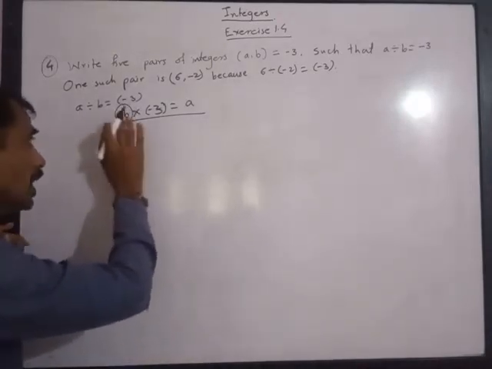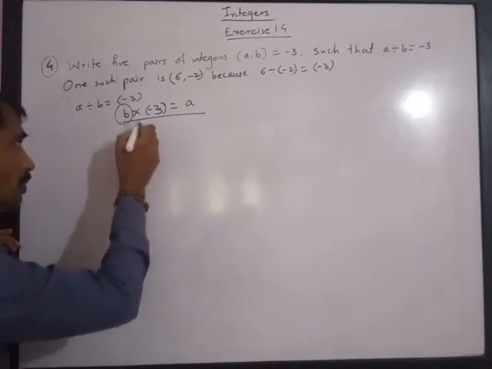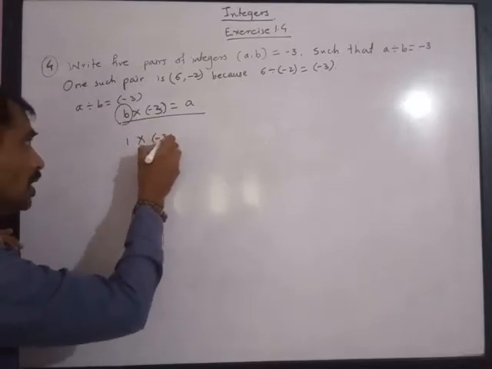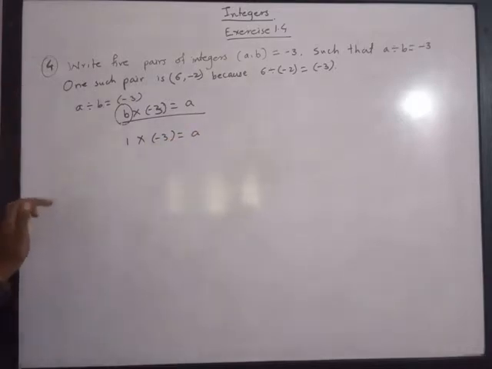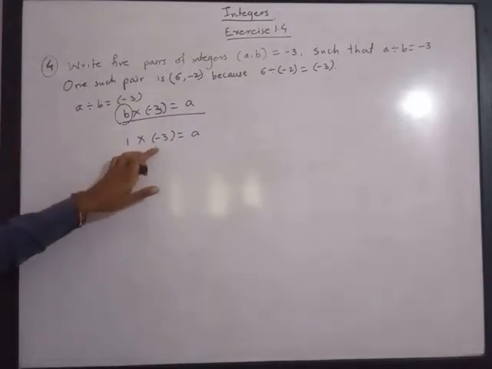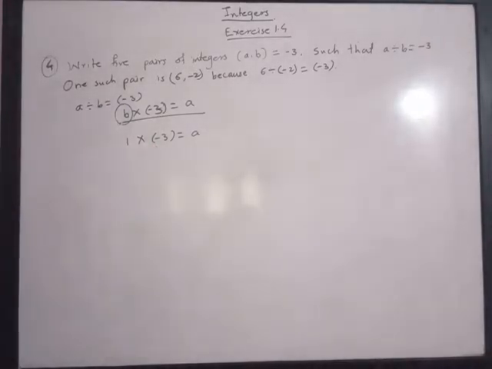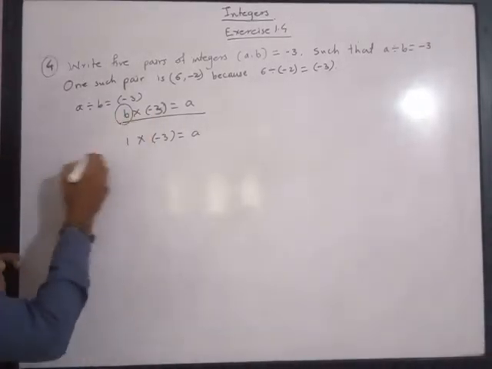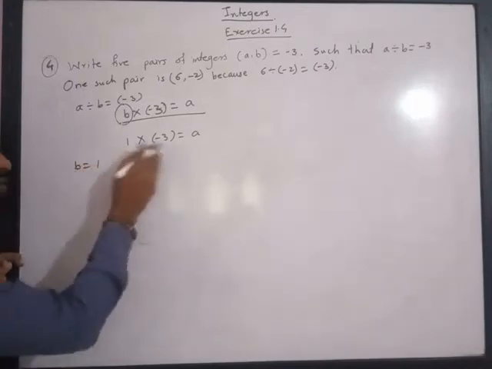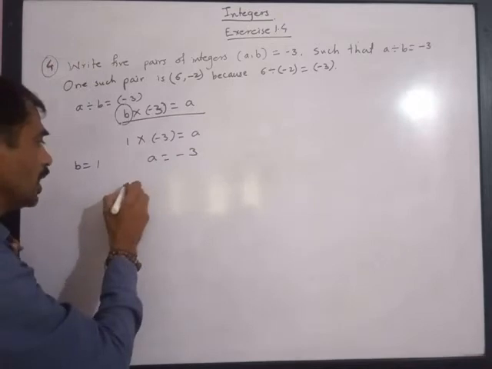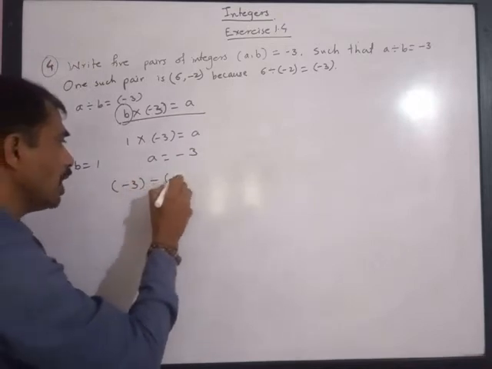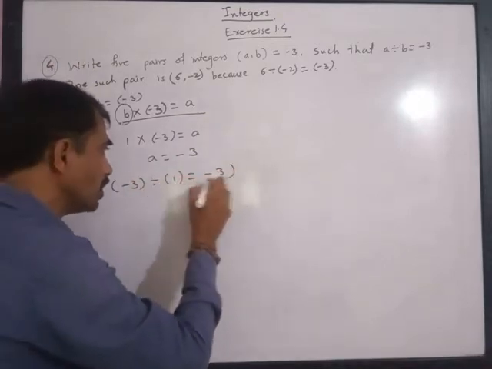So let us check. If you take b is equal to 1, you will get b into negative 3 is equal to a. Here we have taken b is equal to 1, so we will get a is equal to negative 3. Let us check: negative 3 divided by 1, the answer is negative 3.